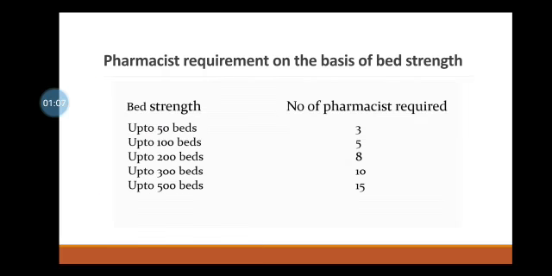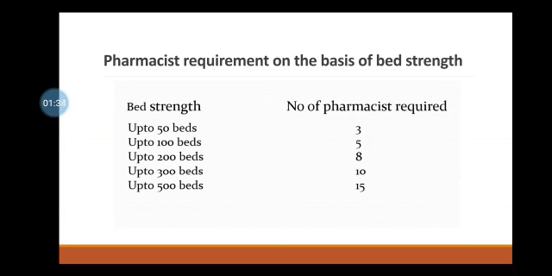Pharmacist requirement. The manpower trained in a pharmacy varies with the size of the hospital and the services it offers. The number of pharmacists required for a hospital depends on the number of beds available in the hospital and its occupancy rate.